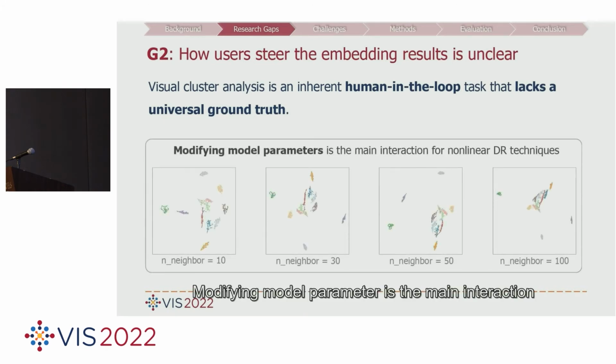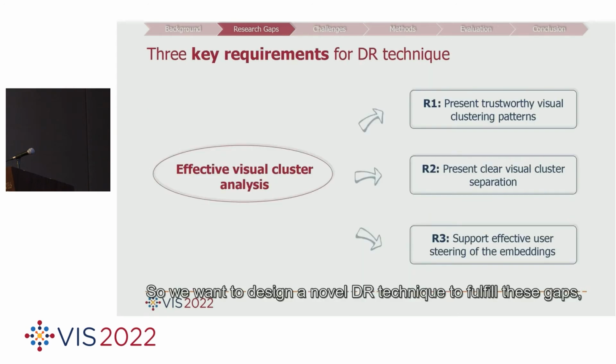Modifying model parameters is the main interaction for current nonlinear DR techniques. So we want to design a novel DR technique to fulfill these gaps, and identify three requirements for the technique. They are: present trustworthy visual clustering patterns, present clear visual cluster separation, and support effective user steering of the embeddings.